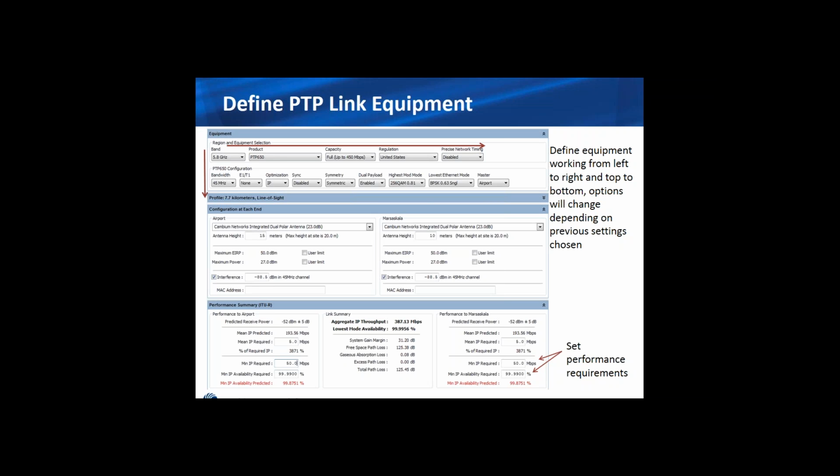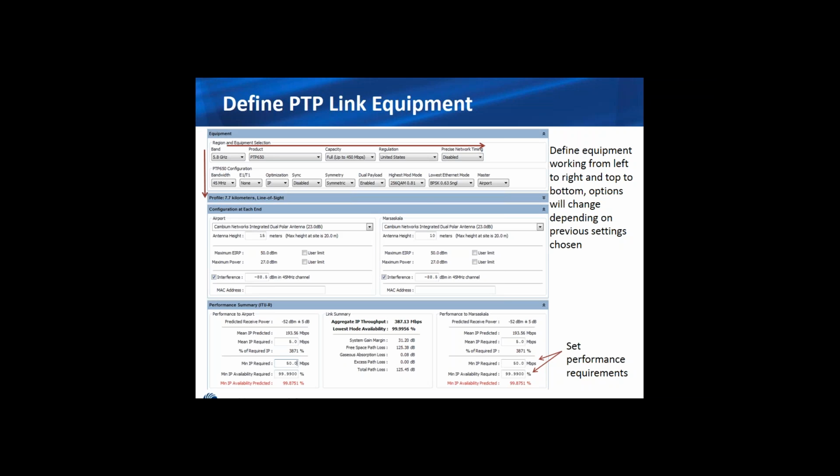So we intelligently work out from your previous choices what the product supports and what options you can still have access to, and it will add new ones or change them depending on the products you've chosen.